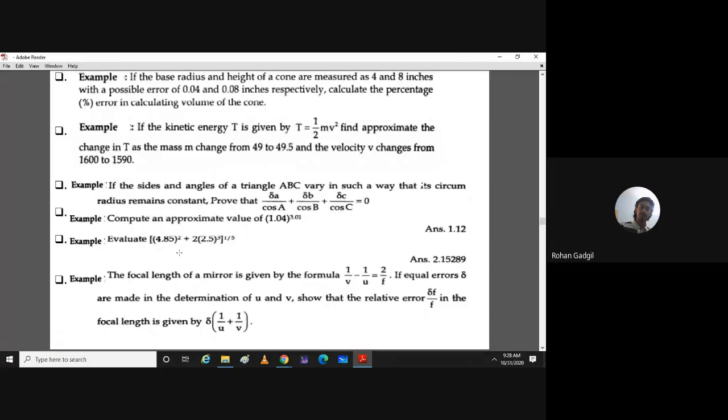X square plus 2y cube to the power 1 by 5. What is x? What is y? X is 5. Y you can take as 2 or 3, it is up to you because it's 2.5.